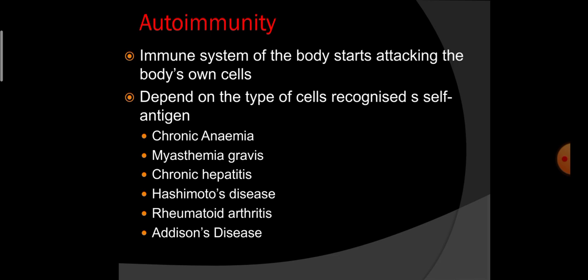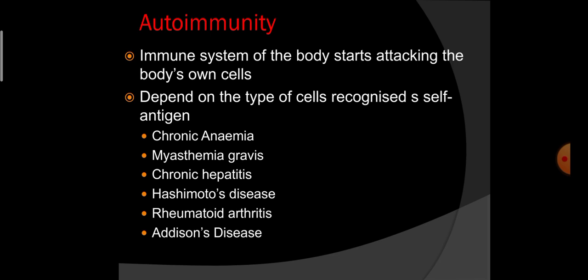Depending on the type of cells recognized as self antigens, which are antigens present in the body, the immune system thinks they are antigens and reacts against them.